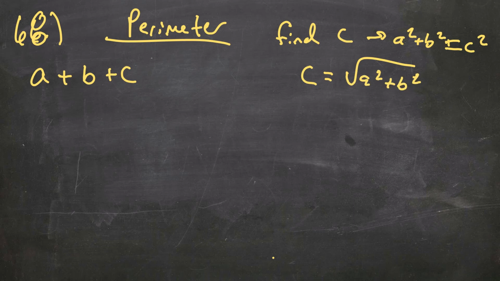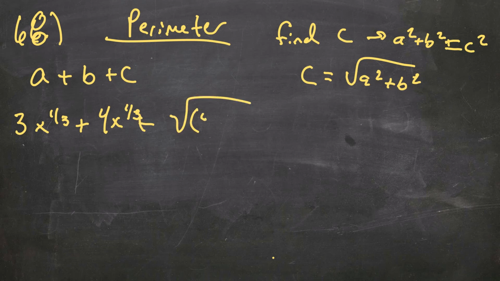So I plug in a. I have a is 3x to the 1/3 plus 4x to the 1/3 plus c, which is the square root of 3x to the 1/3 squared plus 4x to the 1/3 whole thing squared.